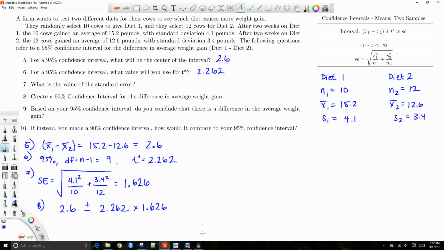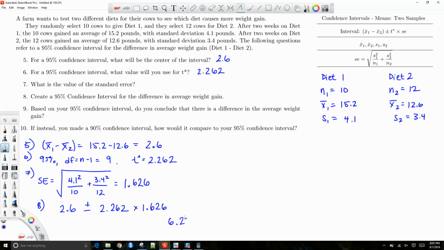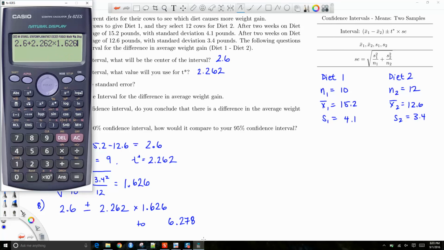Okay. All right, so let's do that. 2.6 plus 2.262 times 1.626. I get 6.278 on the high end. And on the low end, I just replace the plus with a minus, and I get negative 1.078.